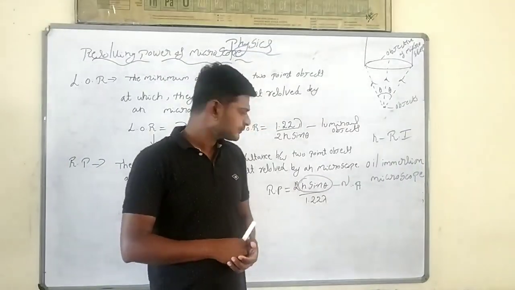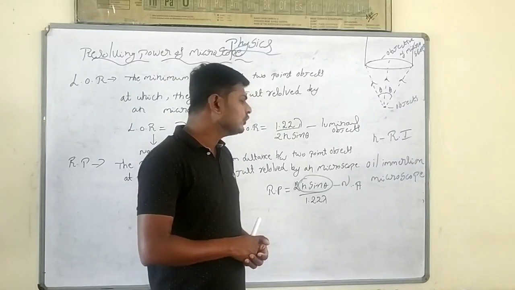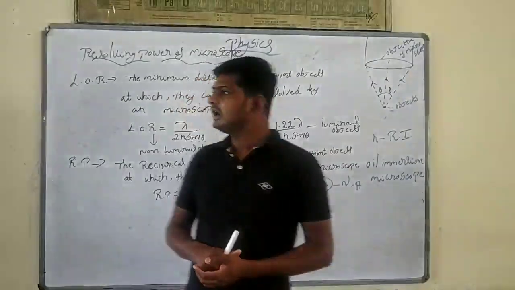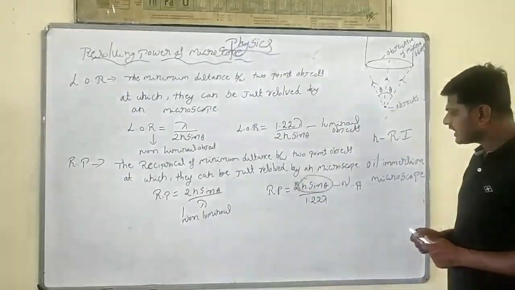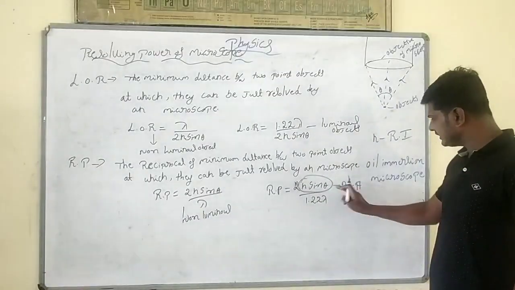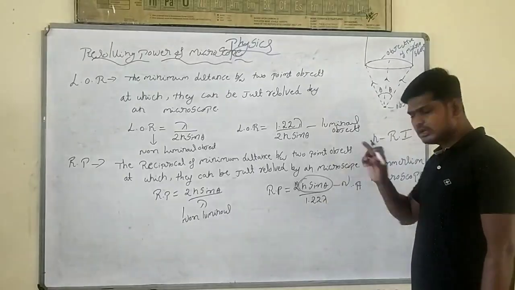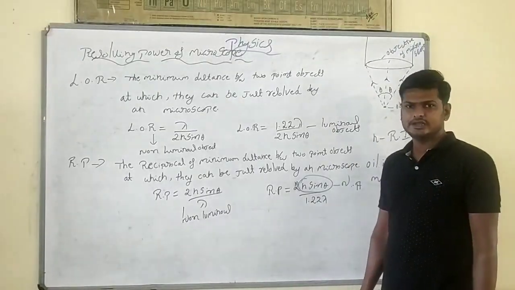Next, the oil immersion microscope is there now. In the same way, the UV microscope, the ultraviolet ultra microscope. In ultra microscopes, what are we going to use? We use UV light.